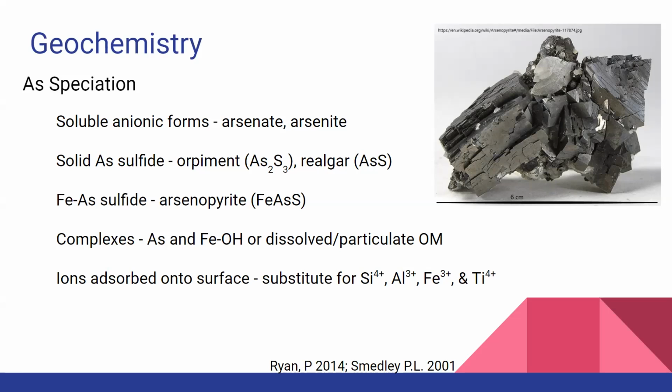Complexes are formed between arsenic and colloidal iron oxides, or dissolved or particulate organic matter. Arsenic ions can be absorbed onto the surface of other metal oxides or clay minerals, like silica, aluminum, iron, titanium, because they easily can fit or have similar charges.